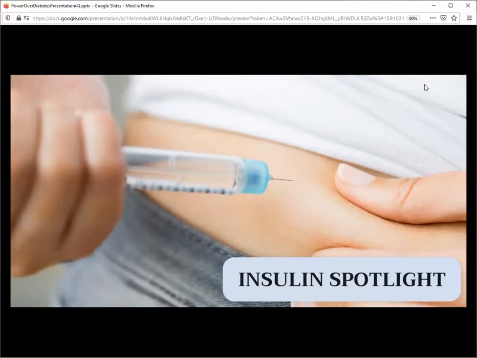What this looks like can be non-alcoholic fatty liver disease. It increases fat storage. This is also the body's way of protecting you. It increases glycogen, or stored glucose, synthesis. It increases amino acid uptake by the cells. It also increases potassium uptake.